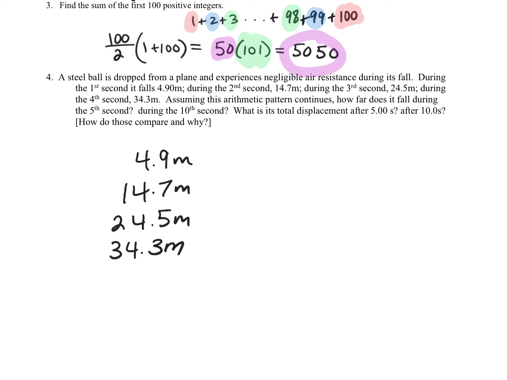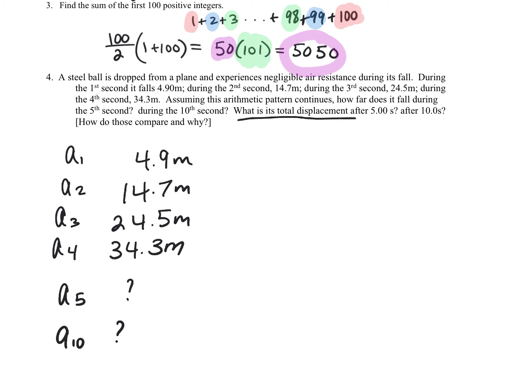So we should use a sub 1, a sub 2, a sub 3, and a sub 4. They're asking: what is a sub 5? How far does it fall in the fifth second? What is a sub 10? And what is the total displacement after 5 and 10 seconds? We'll talk more about that once we figure out our fifth and 10th term.